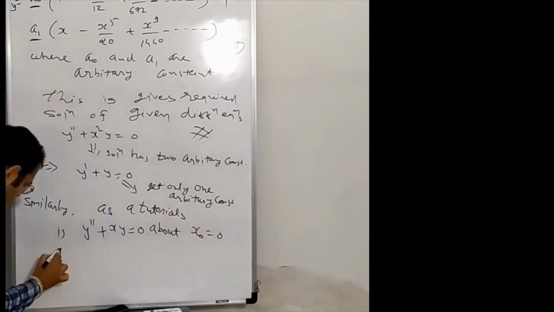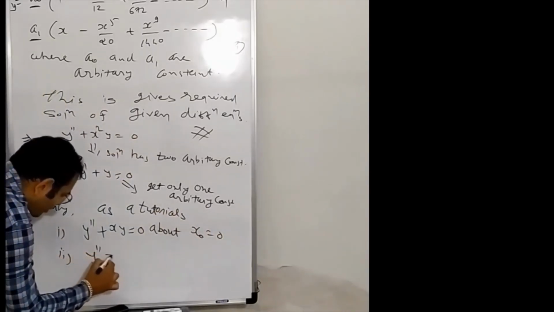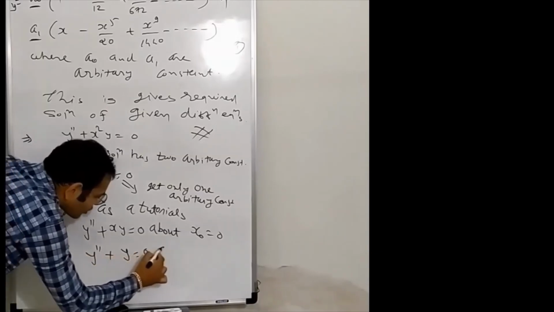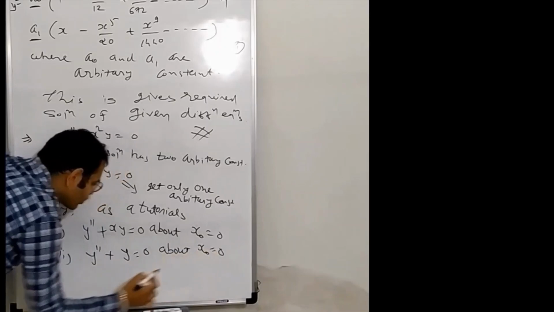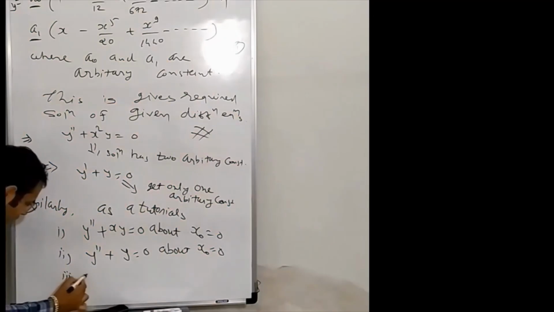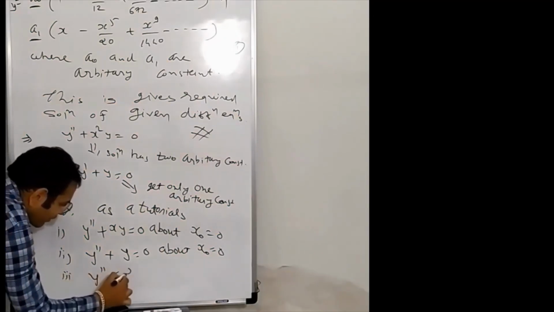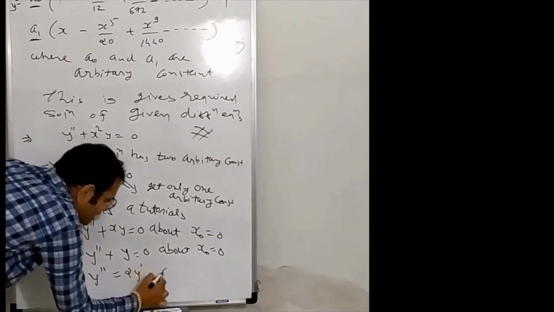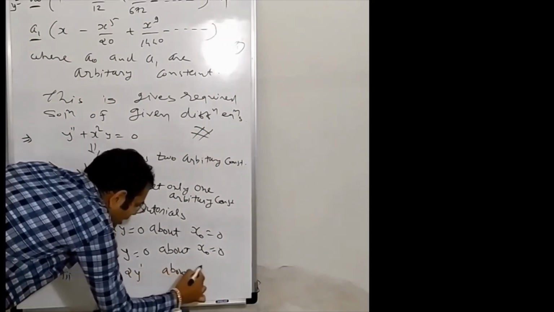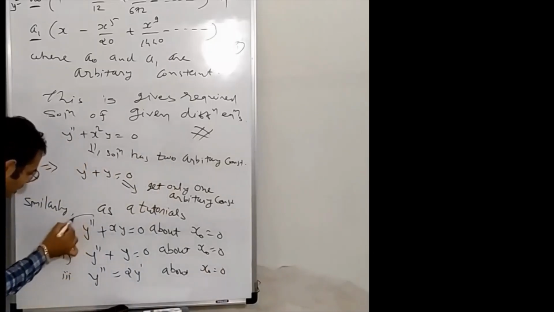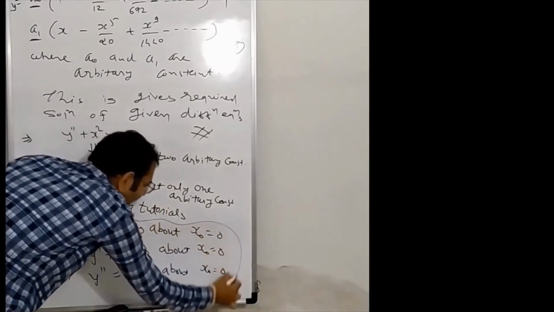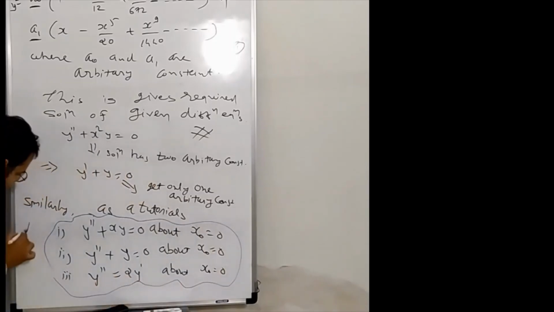Second one, y double dash plus y equal to 0 about x0 equal to 0. Third one, y double dash equal to 2y dash about x0 equal to 0. As homework, you can try these sums.